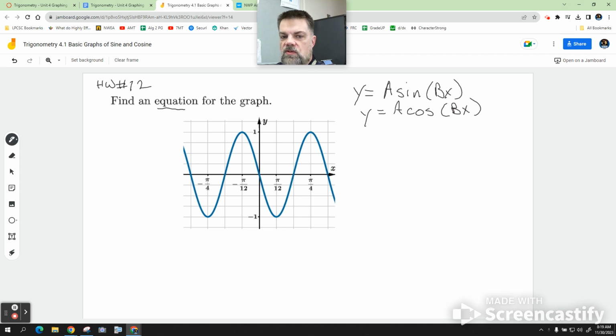And the way that I decide is I have to remember the parent functions. So sine of x starts at the origin. In other words, it crosses through the origin and does this.